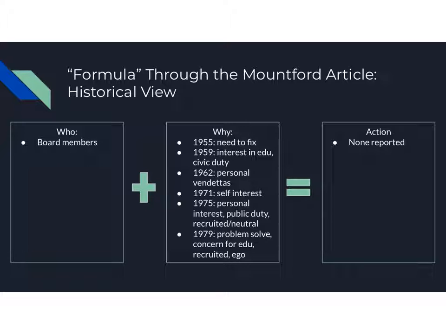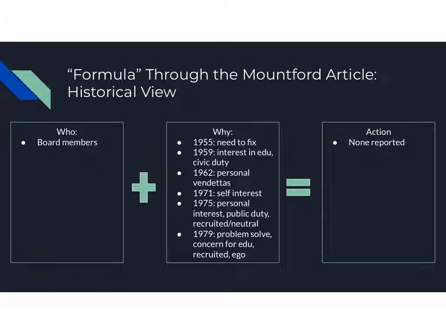However, we can see the "why" that they found. In 1955, many of the board members self-reported this need to fix. Whereas in 1959, just 4 years later, there's more of an interest in education and civic duty.